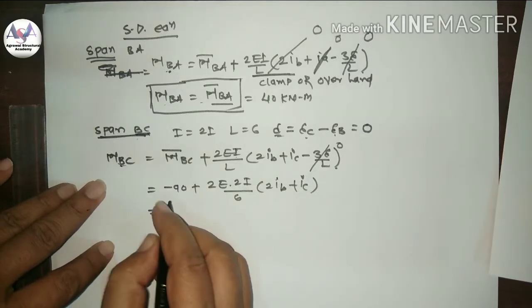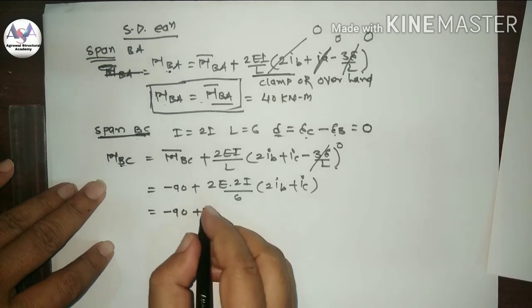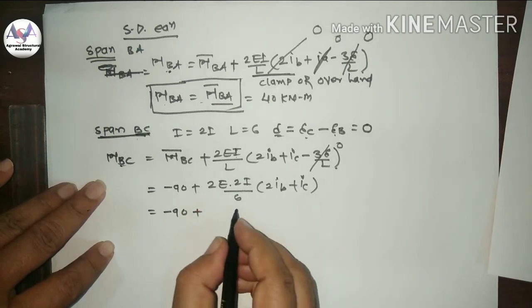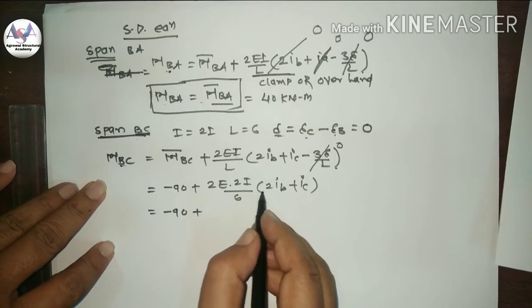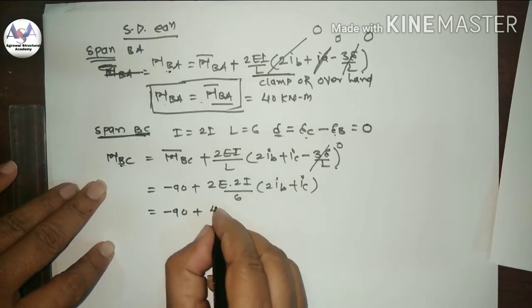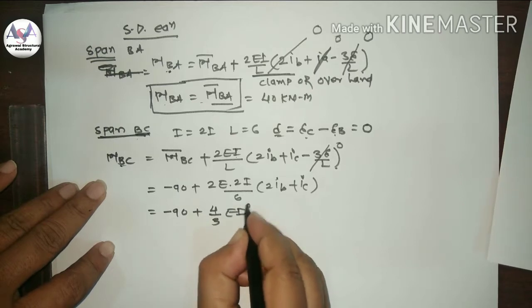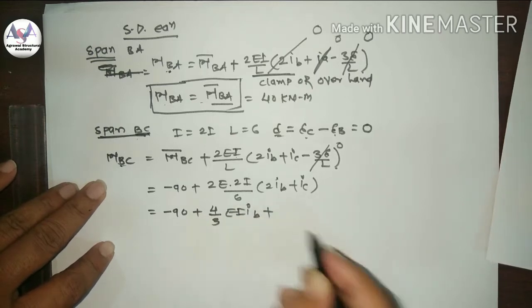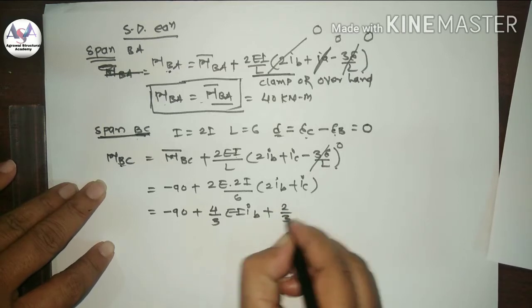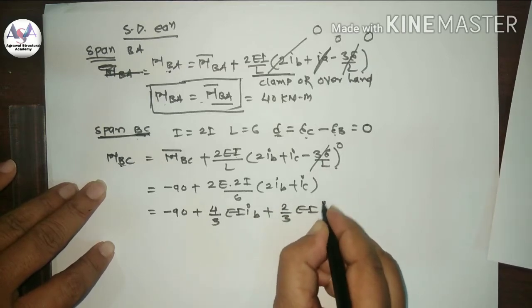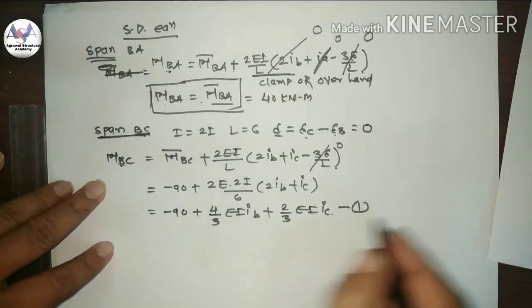So this finally becomes minus 90 plus 4 by 3 EI IB plus 2 by 3 EI IC. Equation number 1.